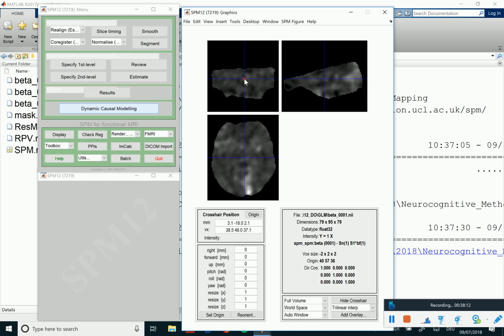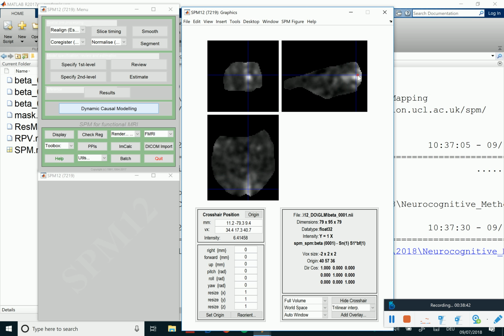So these are the beta parameters, and you might see, for example, that the beta parameters in the back of the brain on the right side are quite bright, which is of course due to the fact that we presented a left visual hemifield checkerboard. So the beta parameters pick up the fact that the BOLD signal increased whenever there was a stimulus here. And of course this is also what you then see in terms of the contrast.